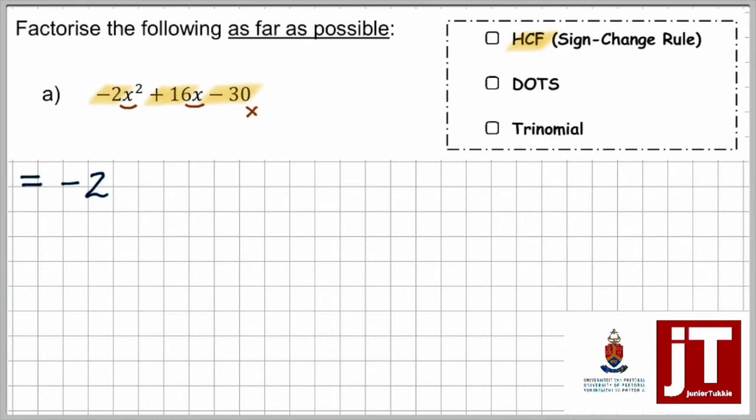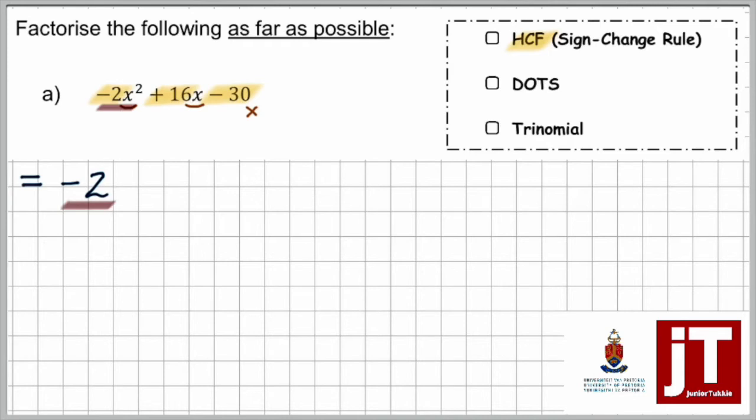So what we want to do is get the coefficient on the x squared to be positive 1. If we only factorized out a positive 2, then we would have a negative on that x squared, and we don't want that. So we're going to factorize out that negative 2.